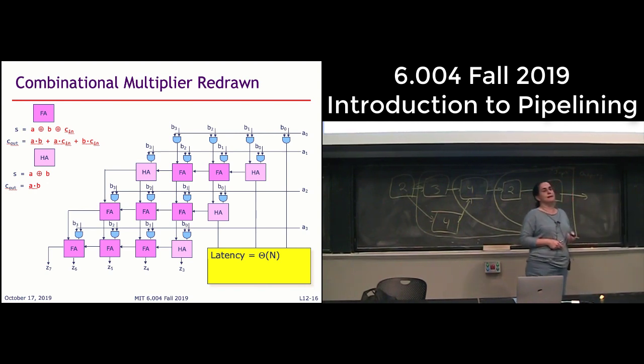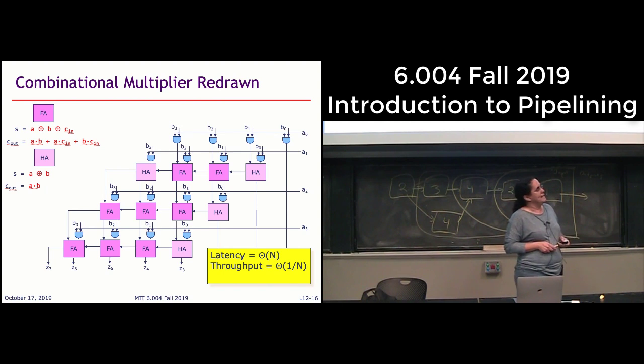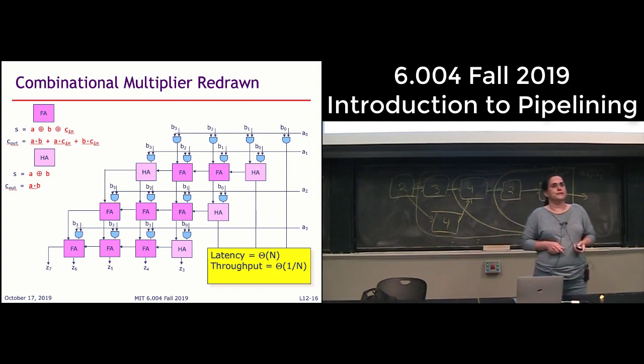And so what's my throughput of a circuit that has a latency of order n? Well, my throughput is 1 over n, right? It takes time proportional to n to produce one output, and so that means that every n time units I can produce a new output. And what about the area of this circuit?